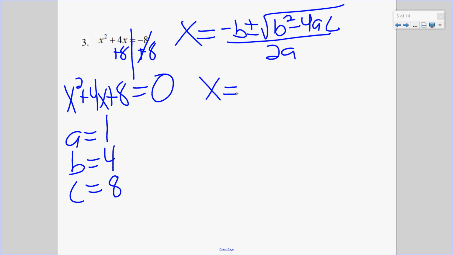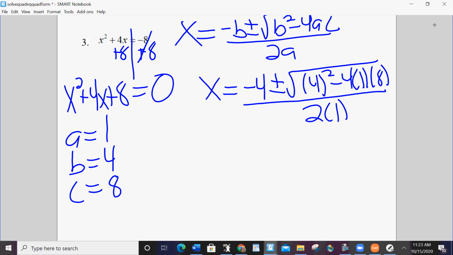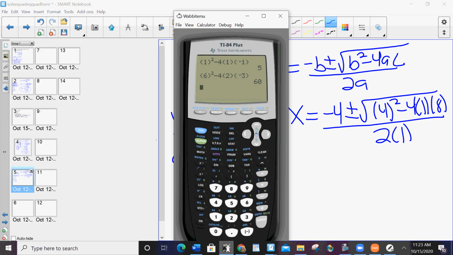X equals negative 4 plus or minus the square root of 4 squared minus 4 times 1 times 8, all over 2 times 1. Next step, go to your calculator, type in what's inside the radical. I'll give you about 15 seconds to do that step on your own.